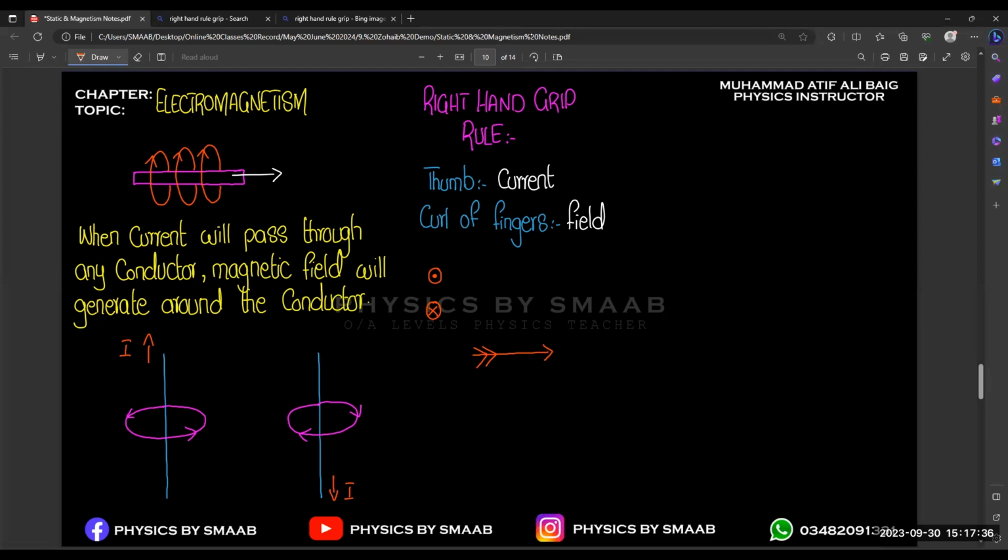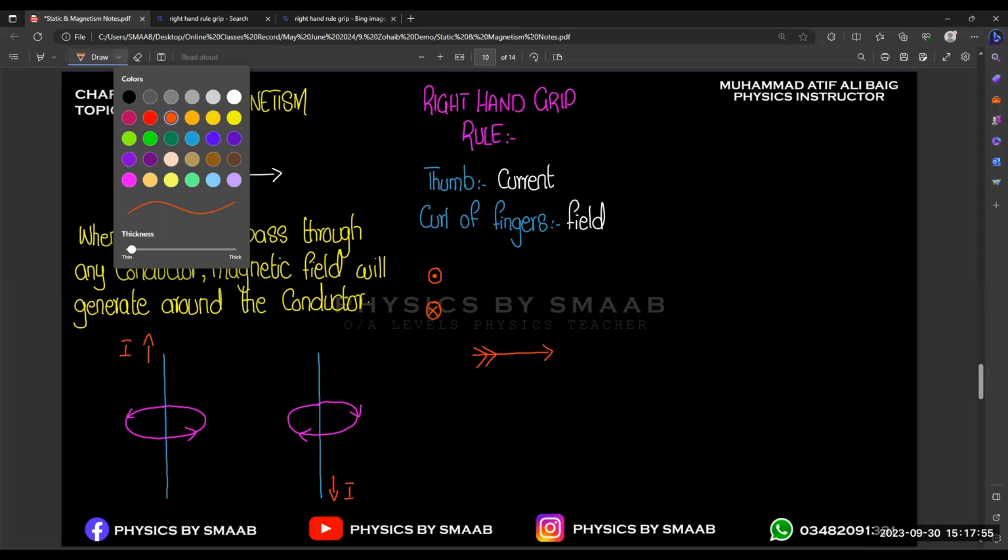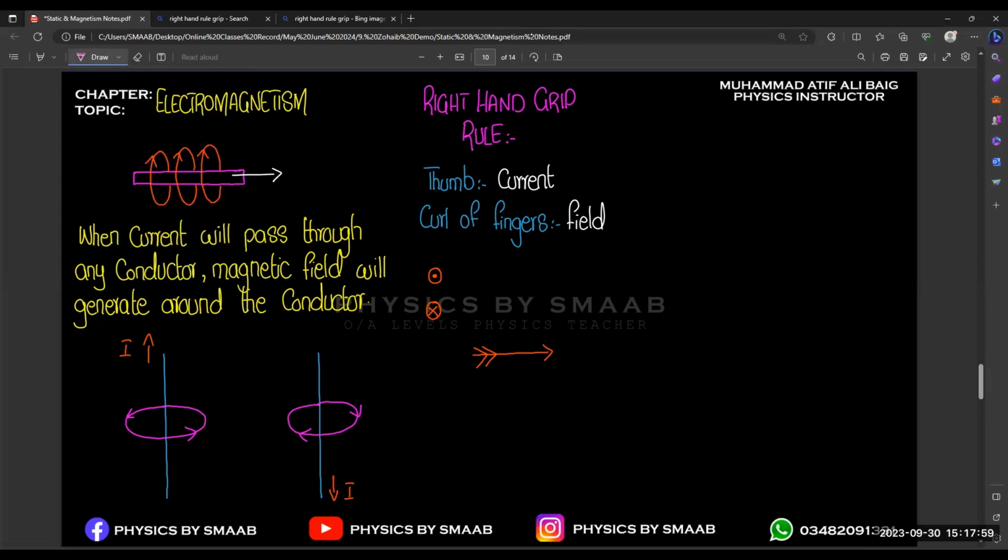So when something is moving towards the paper, that is the concept of into the paper. And when something is coming out from the paper, that gives you the concept of out of the page or out of the paper. So this pointed side shows when an object is coming out of the paper. We can write this concept as out of the paper. We use a dot for the out of the paper concept.